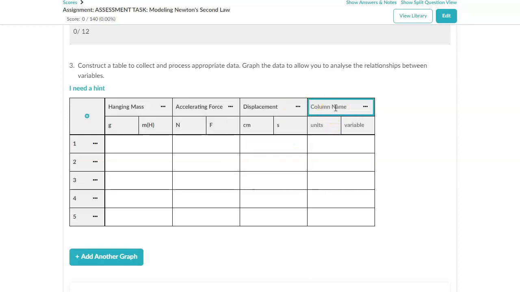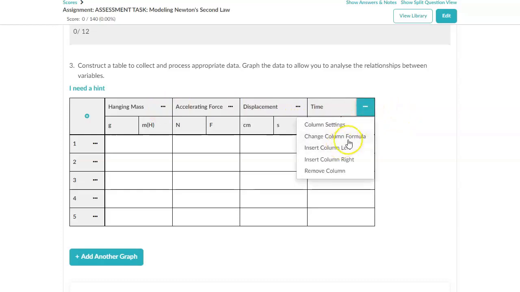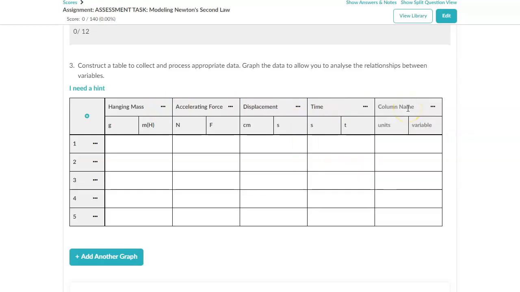This is where we put our time. So time in seconds, and our variable name is t for time. So we use these two to determine the acceleration of the glider, of the moving mass. Okay, so acceleration of the glider. Units will be meters per second squared. The variable we give is a lowercase a, and it's acceleration in the horizontal.